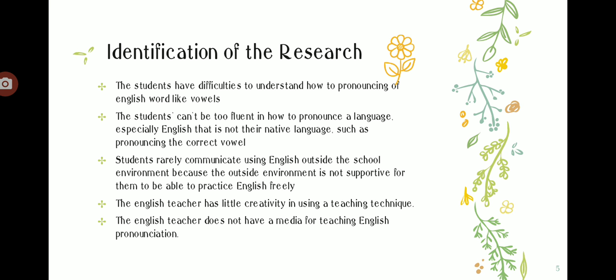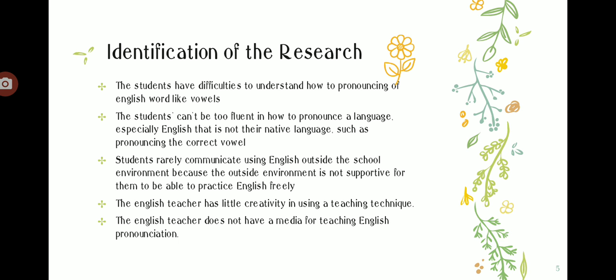And this is the identification of the research. There are 5 identifications of the research. The first one is the students have difficulties understanding how to pronounce English words like vowels. The second one, the students can't be fluent in how to pronounce a language, especially English that is not their native language, such as pronouncing the correct vowels.